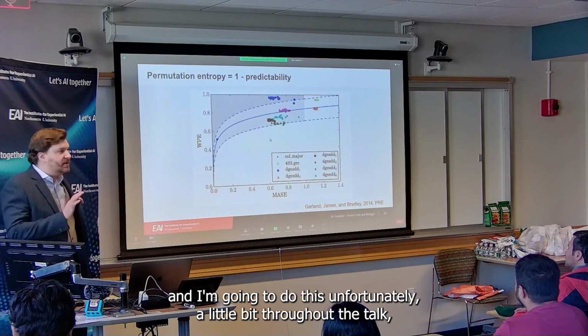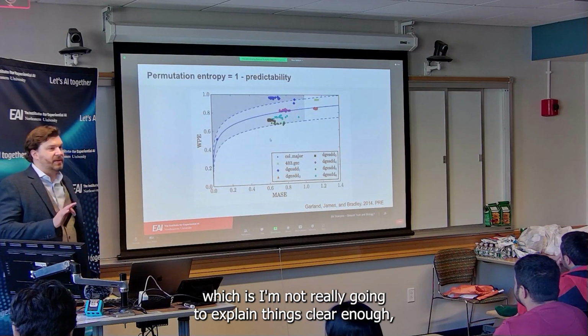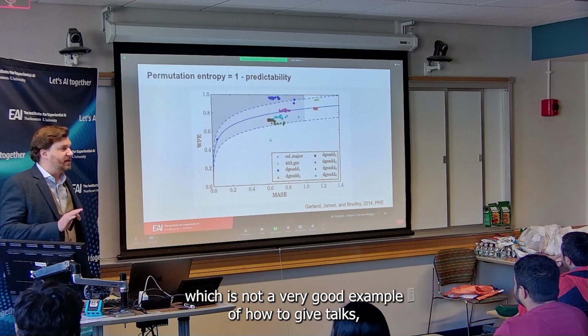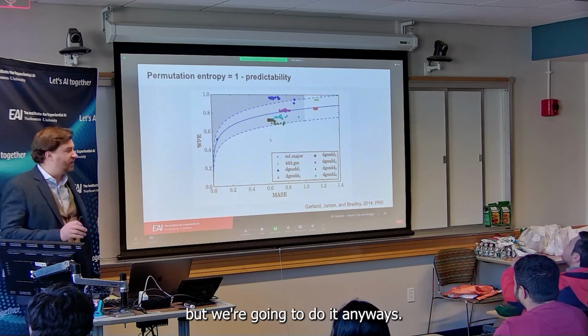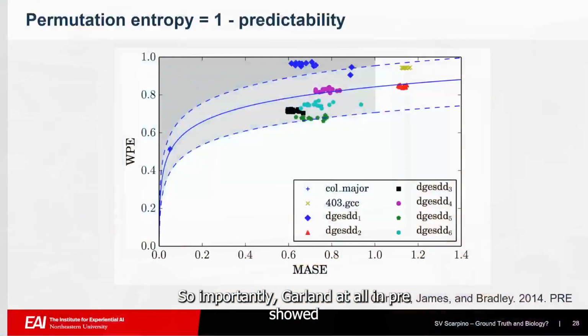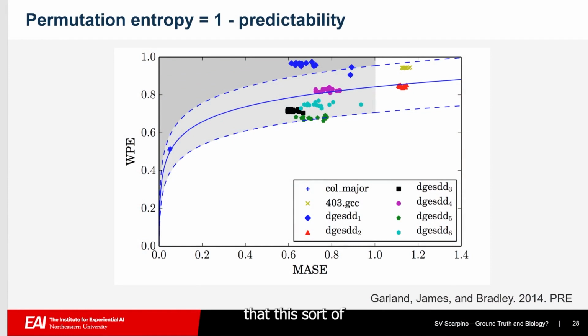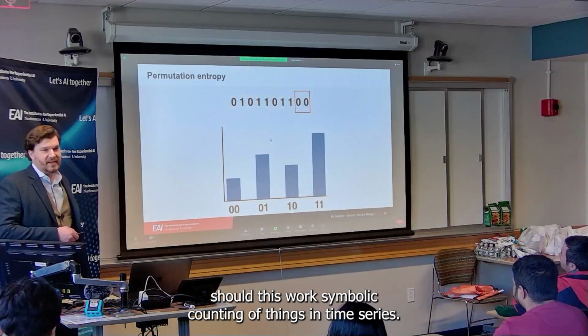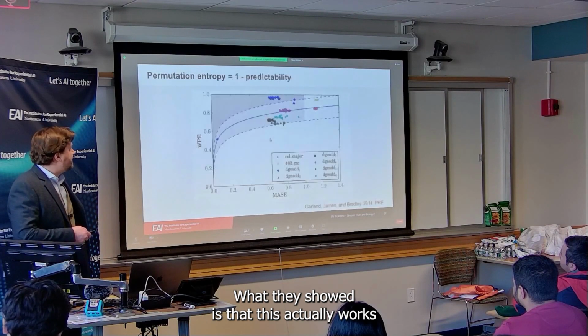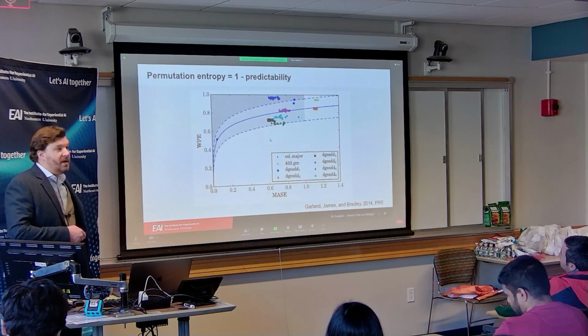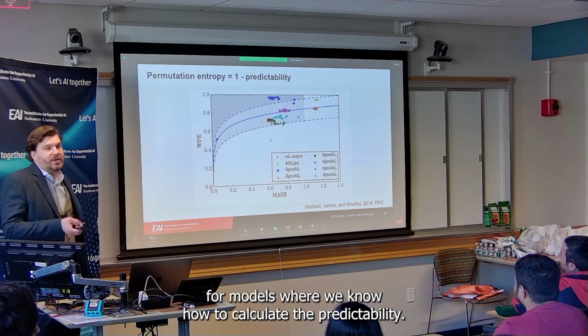And importantly, and I'm going to do this unfortunately a little bit throughout the talk, which is I'm not really going to explain things clear enough, which is not a very good example of how to give talks, but we're going to do it anyways. So importantly, Garland et al. in PRE showed that this somewhat arbitrary, why on earth should this work, symbolic counting of things in time series, actually works for models where we know how to calculate the predictability.